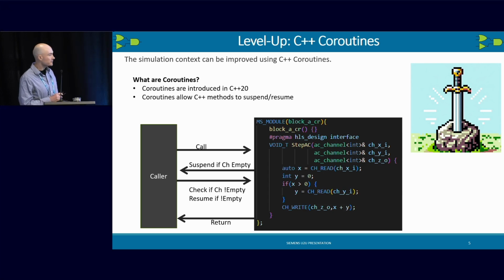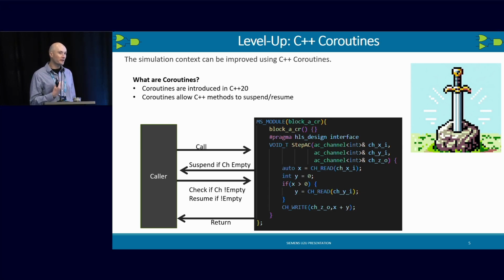However, coroutines add native suspend and resume capabilities so that the function can be called. We can check, for example, if a channel has data, and that goes for either channel. And if it doesn't have data, we can just go ahead and suspend back to the caller and then resume at a later time when the data is available.